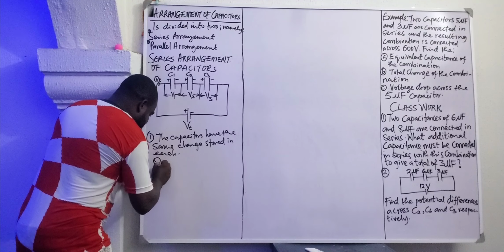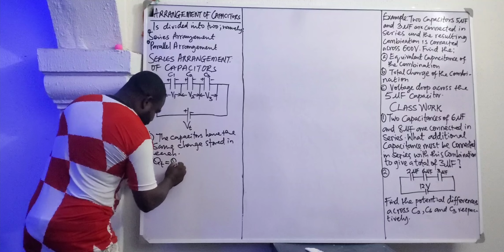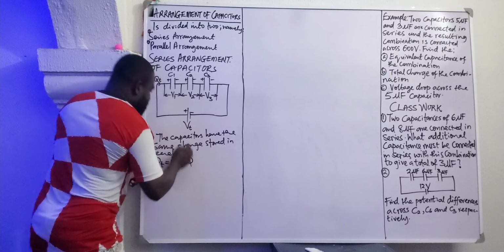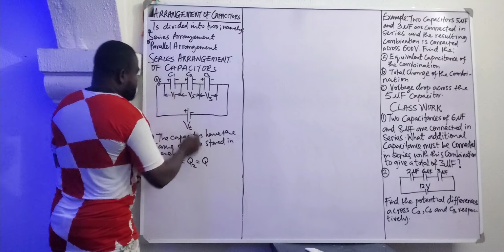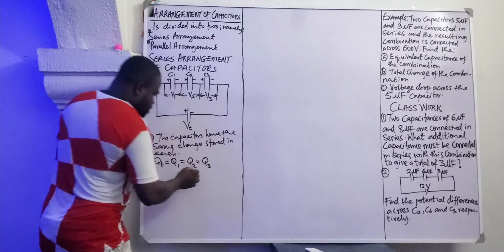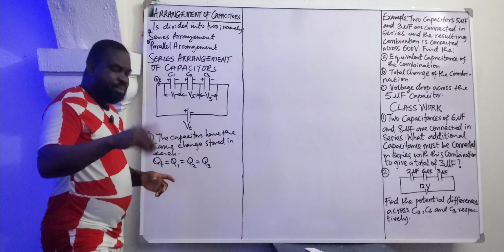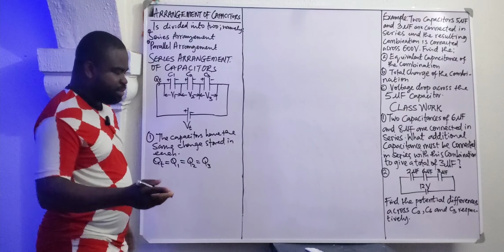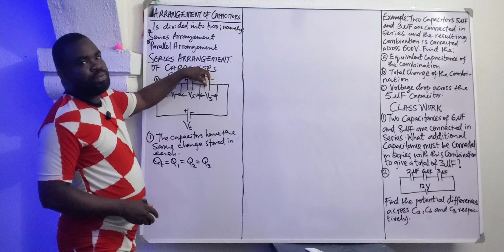It means that the total charge QT is equal to the charge in the first capacitor Q1, is equal to the charge in the second capacitor Q2, is equal to the charge in the third capacitor Q3. So the charges are the same, which means in a typical question, as they normally ask, especially in JAM, they can give you the charge across one of the capacitors.